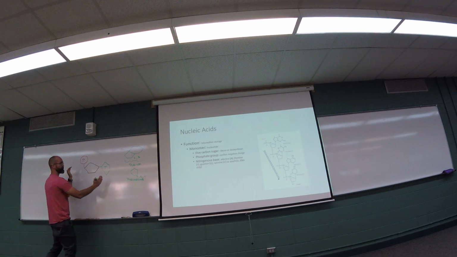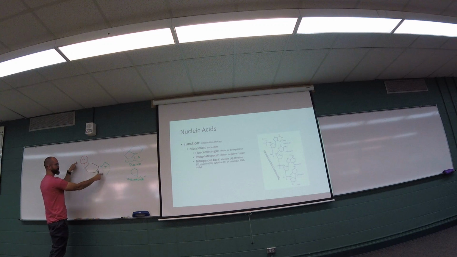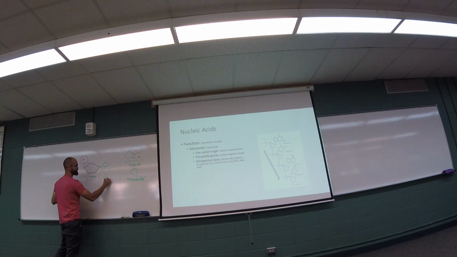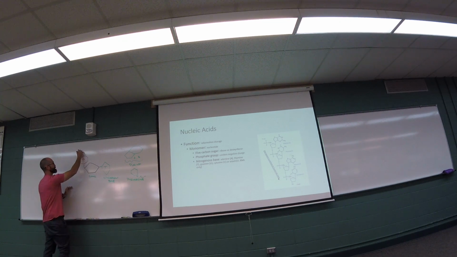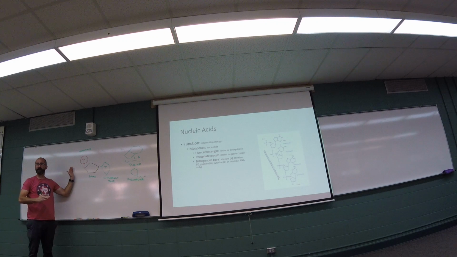But this is what a nucleotide looks like. It's a sugar attached to a phosphate attached to a nitrogenous base. So this is our sugar, our nitrogenous base, and this is our phosphate. Now what happens is we line nucleotides up in a line, and we covalently bond a phosphate to a sugar.